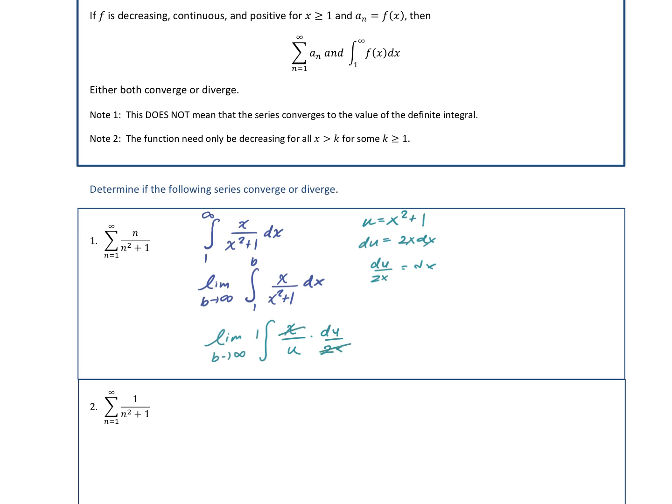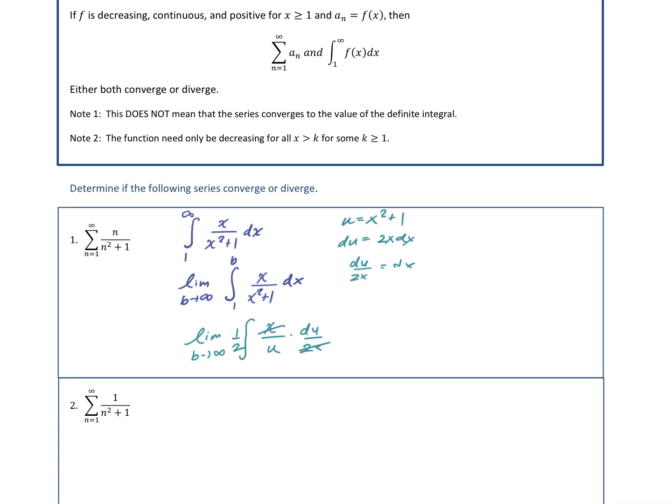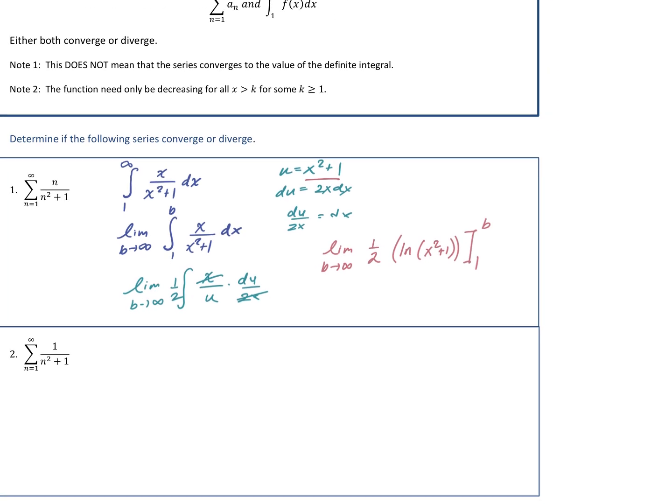These cancel, and I can take out the 1/2. When we integrate, we get ln. So I've got the limit as b goes to infinity, 1/2 ln of u, which is x squared plus 1. So ln of x squared plus 1, going from 1 to b.